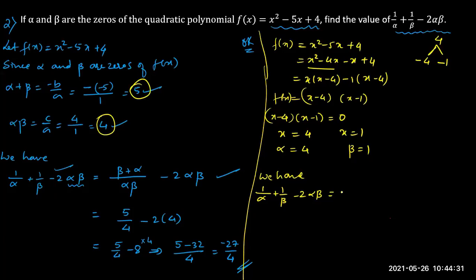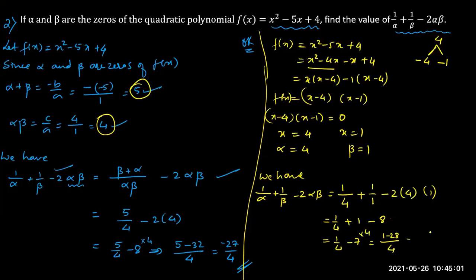This 1 as it is, alpha means 4, plus 1 by beta means 1 by 1, minus 2 into alpha 4 into beta 1. This is 1 by 4 as it is, plus 1, minus 8. So this is equal to 1 by 4 minus 7. LCM is 4, so 1 minus 28, that is minus 27 by 4.